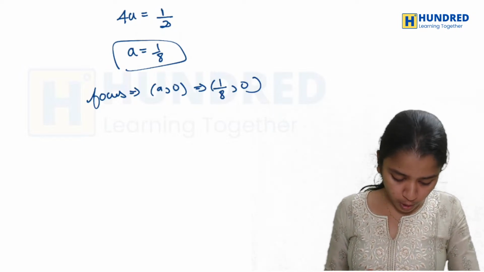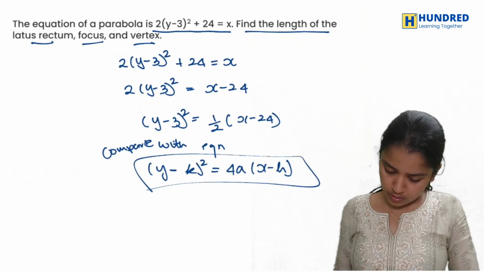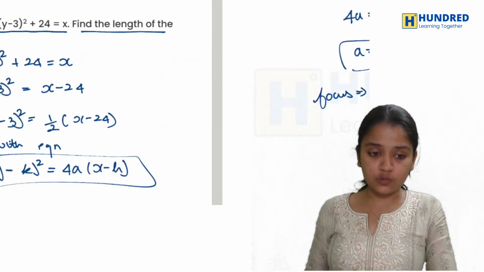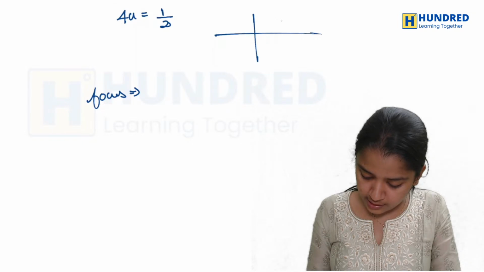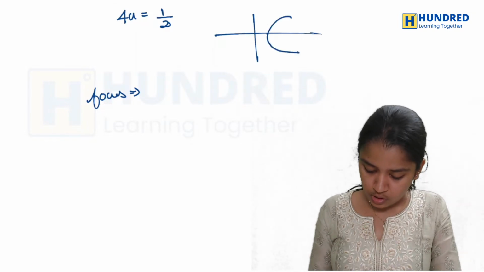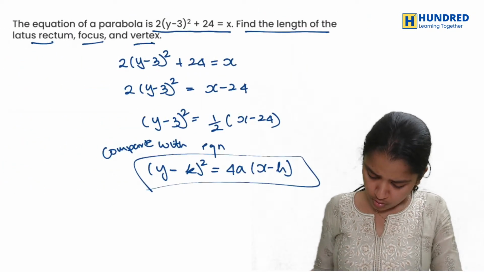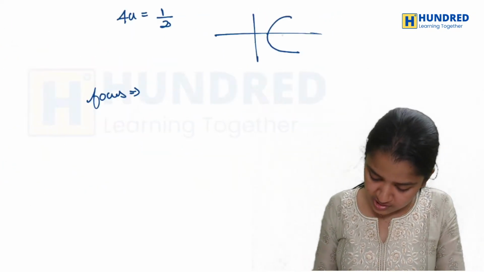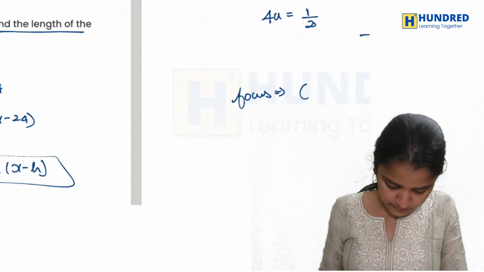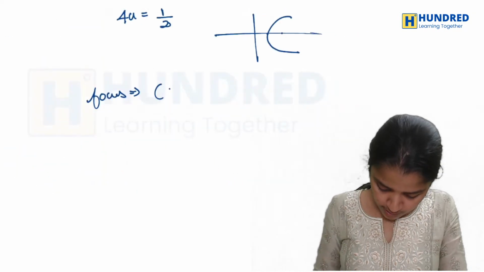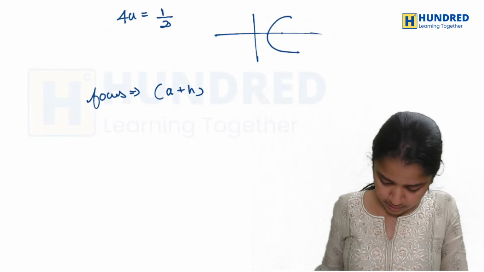So now what will I do? Sorry, yes, 1 second. It can't be 0. So basically your h comma k will be like this, and this point will be 3 here. So my focus here will be a plus h comma k.